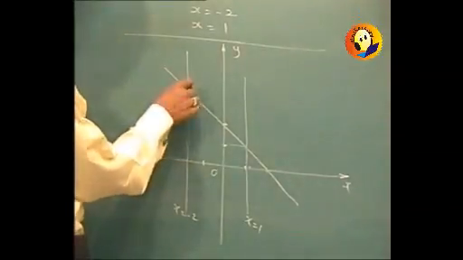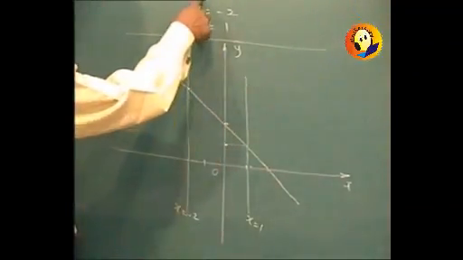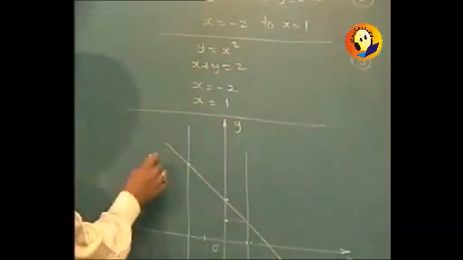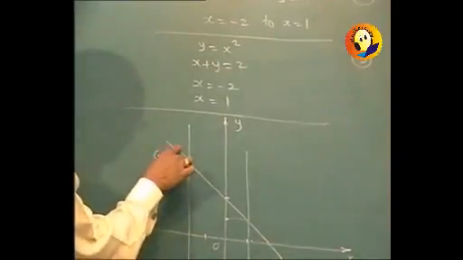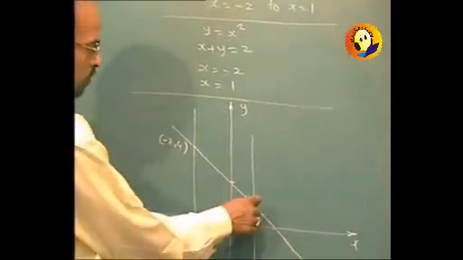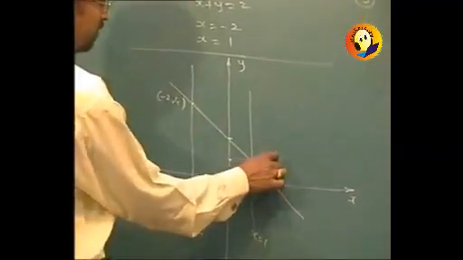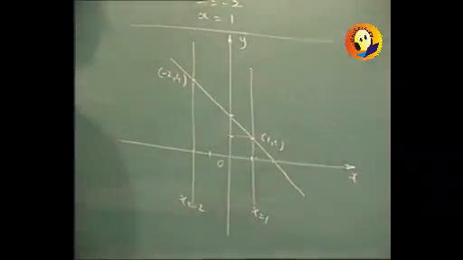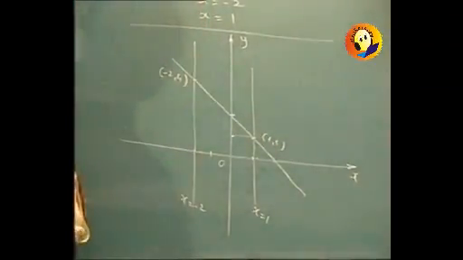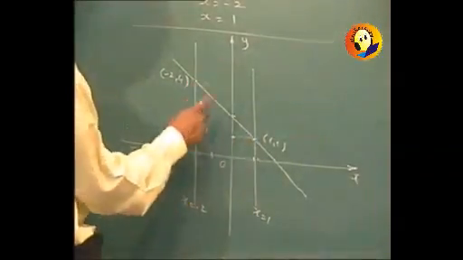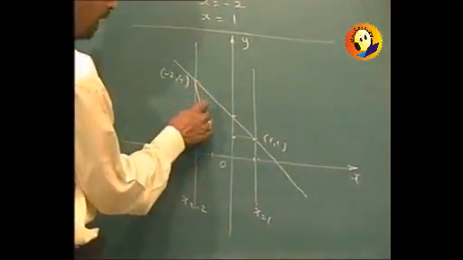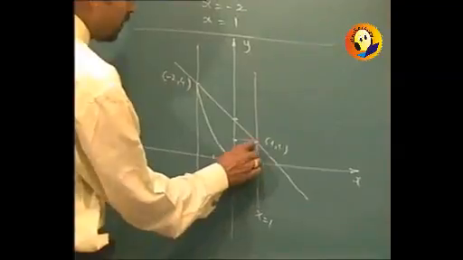Of course this point can be substituted in the equation of the line. X is minus 2, so y will be 4, so it is minus 2 comma 4. So where these boundaries are intersecting, if we note these points, then the parabola y equal to x square is well satisfied by these points, and the parabola will go like this.